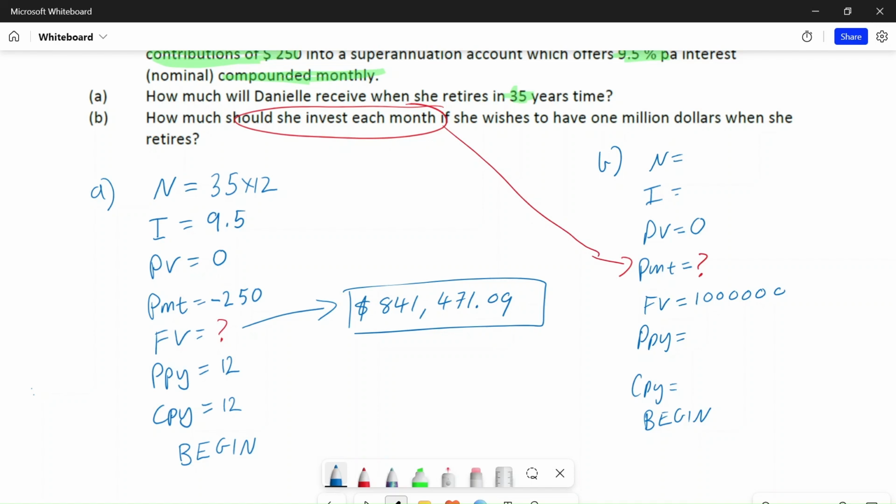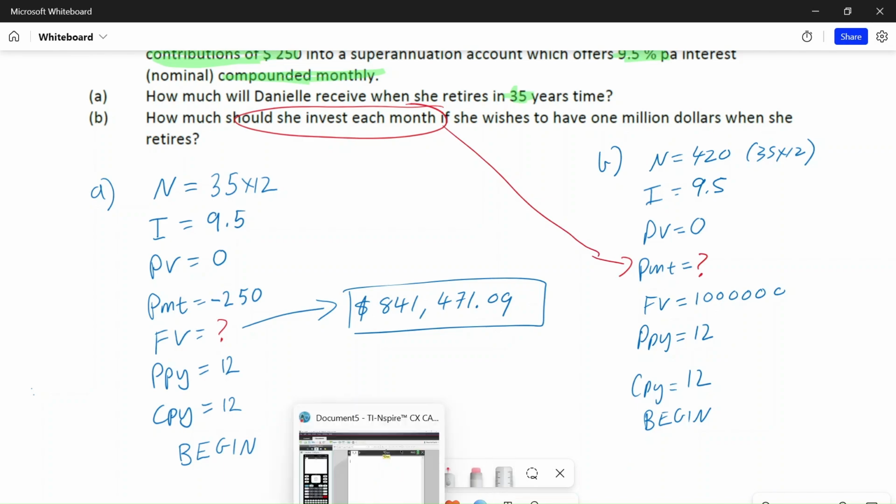Everything else stays the same. Just going to put a 420 there, that's 35 by 12. That stays the same period of time, same interest rate. But she's just going to need to increase the payment. $250 per month is not going to be enough. So how much should she invest if she wants to get to $1 million rather than 841,000 and a bit?